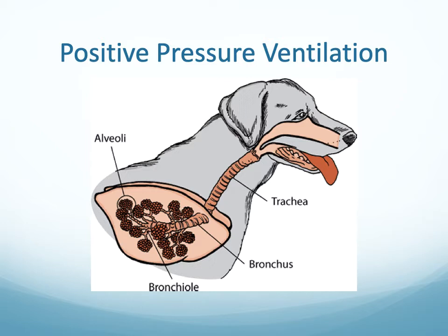That's quite a labour-intensive way to ventilate, and it is ineffective for long-term ventilation. Mechanical ventilation is when you use a machine to force the air into the lungs, as opposed to negative pressure mechanical ventilation, which is an iron lung, which we don't use these days.